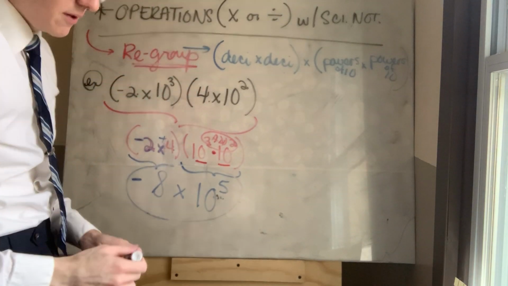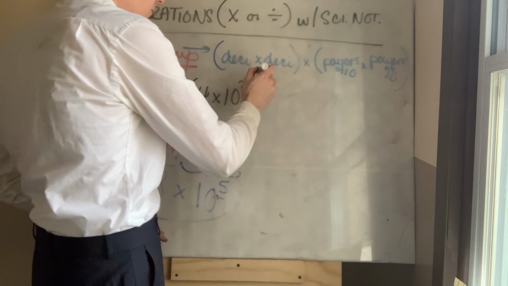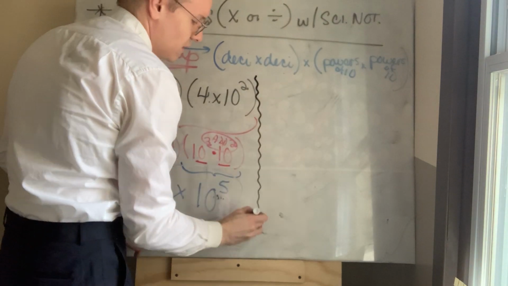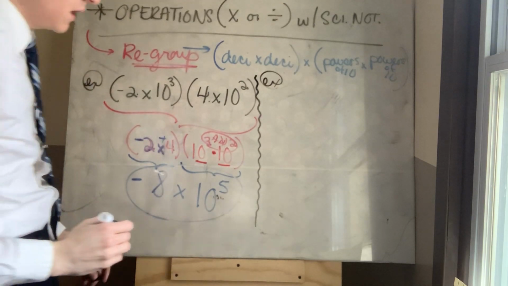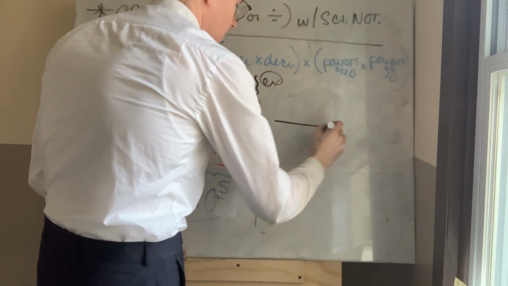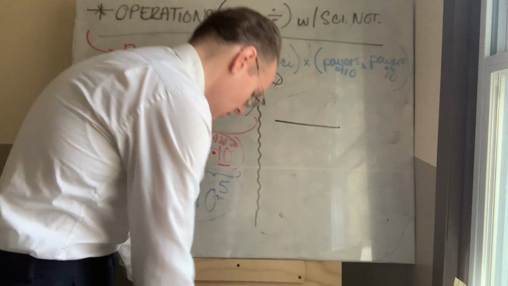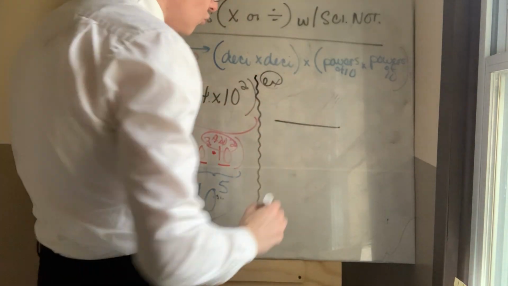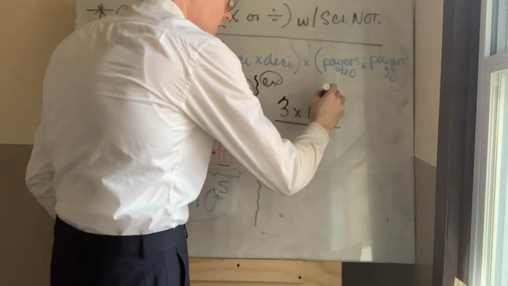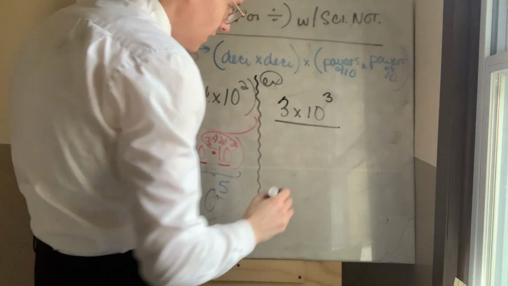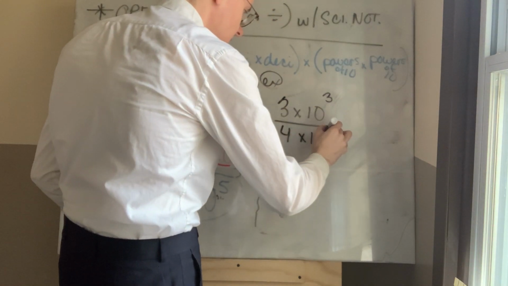If you have, maybe I'll try to squeeze it in here, I may regret this, but if you have a division problem, it would probably be drawn like so: 3 times 10 to the third, sitting on top of 4 times 10 to the fifth.